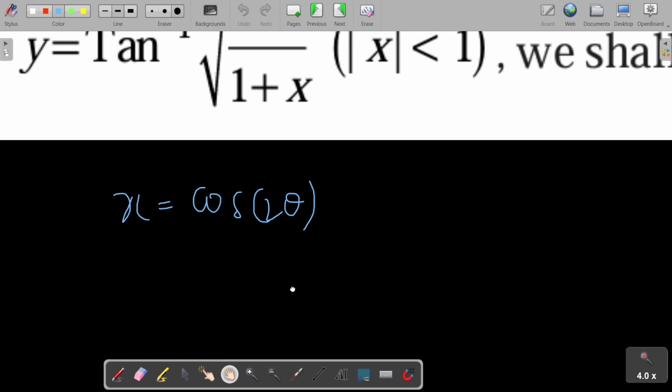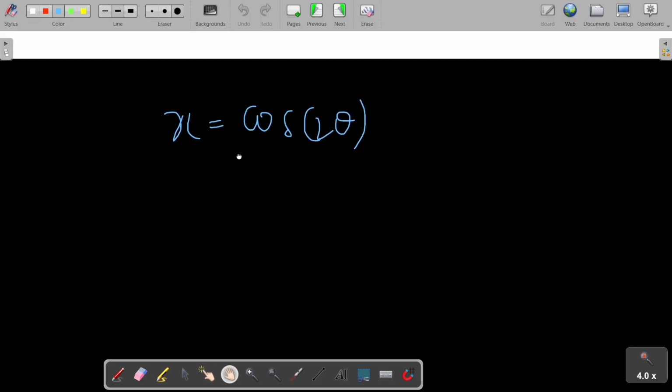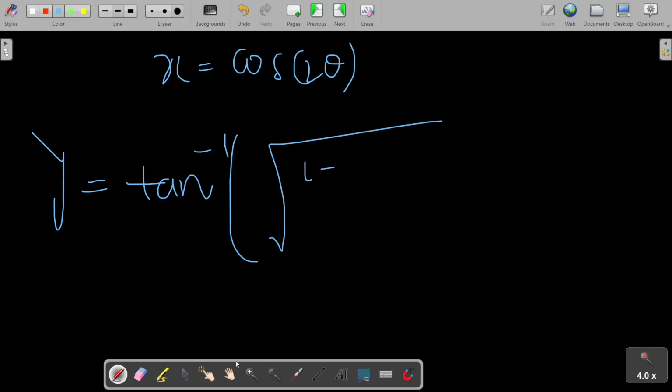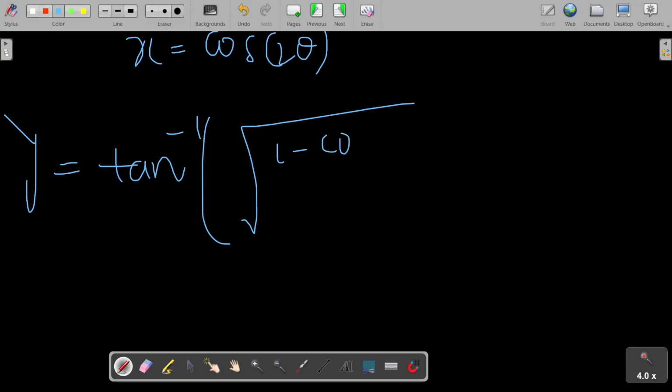You need to do a different approach, but this approach is short and easy. So I'm going to use simply the cos 2 theta formula. So we get y is equal to tan inverse of root of 1 minus cos 2 theta over 1 plus cos 2 theta.